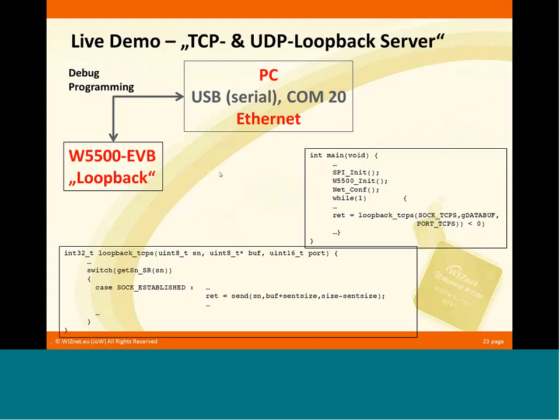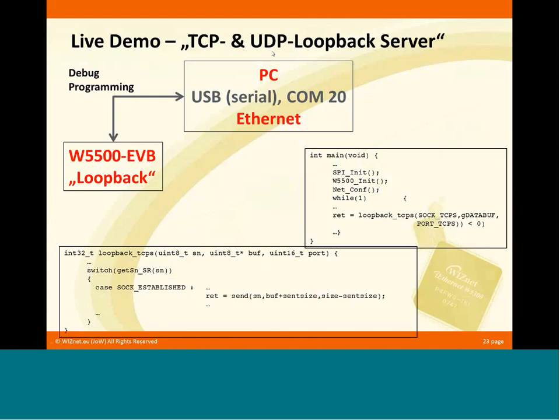So what can we show you? First, I want to show you a very, very tiny loopback server. That is mostly the thing I showed you before in the presentation already. It establishes a TCP socket and a UDP socket; you have both options.